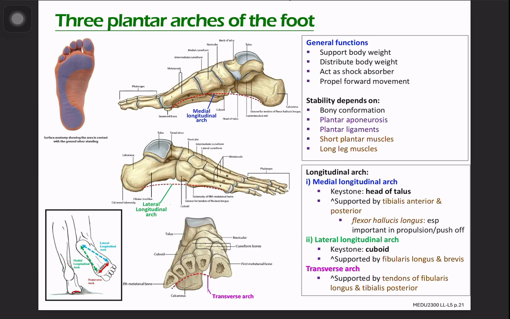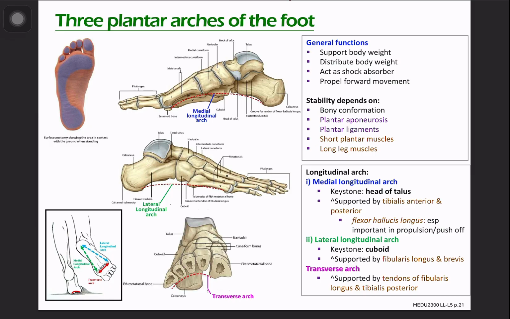The foot is arranged like a bridge with three arches. Here you can see the medial longitudinal arch. This is the lateral longitudinal arch, and this one is the transverse arch. Now, if we talk about them one by one, for the medial longitudinal arch, the keystone is the head of the talus, which receives and distributes body weight.